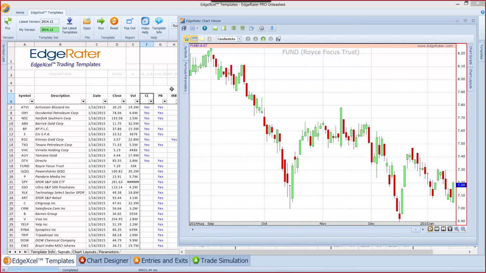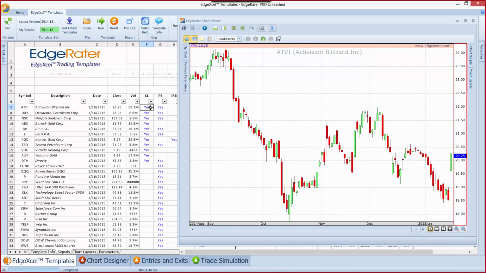So when you get a green candle low, you can't possibly have a clearing bar because that's usually going to be a lower high. And so here you can see a chart of ATVI, and it becomes a clearing bar because it's cleared the lowest high.